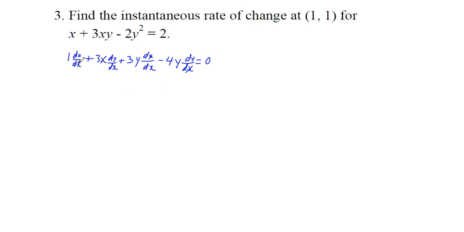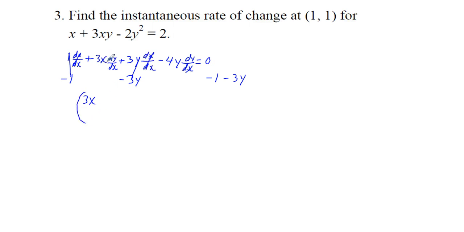And so anything with dx over dx, we'll just cross out, and then we're going to subtract that out from the left side. So minus 1 minus 3y, and then on the right side, minus 1 minus 3y. And so these cancel here. So we have 3x dy/dx, and I'm just going to factor out here.